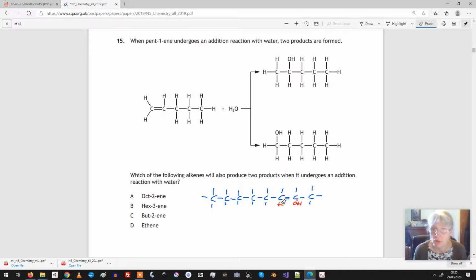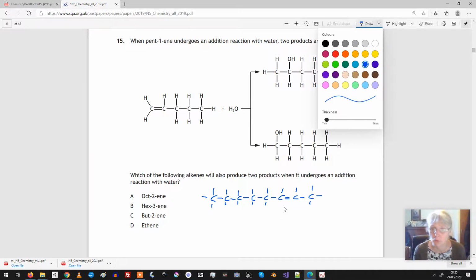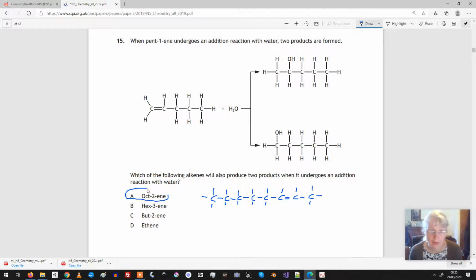So there are 2 different ways that that double bond could break, and those OHs could be added on. Yeah, that's fine now. So this is definitely the answer, but why are these other ones wrong? And the answer is because they're symmetrical.